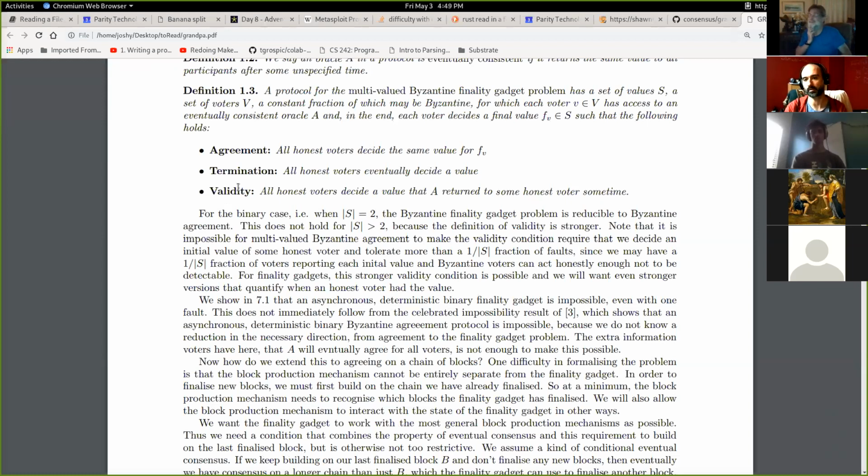Right. So okay, GRANDPA is just looking at the votes: he gets a vote from each person on the lead head block, and they may all be different, but some ancestor gets a majority, and that one becomes finalized.